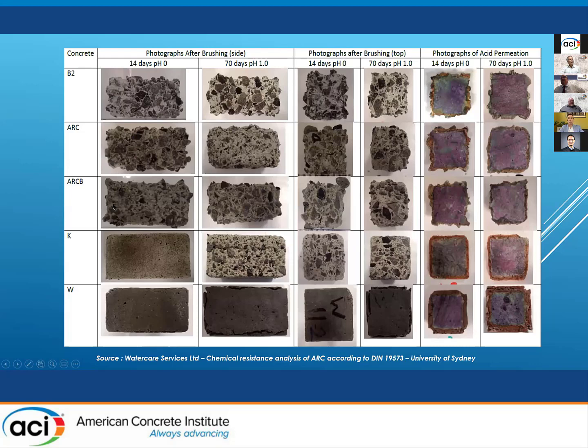And this particular concrete was with an antimicrobial. This is ARCB, proving the point that's been raised earlier that using antimicrobials is not going to help against this sort of straight acid attack.